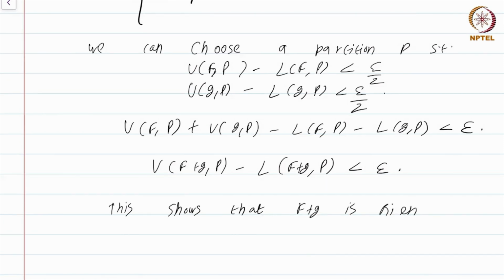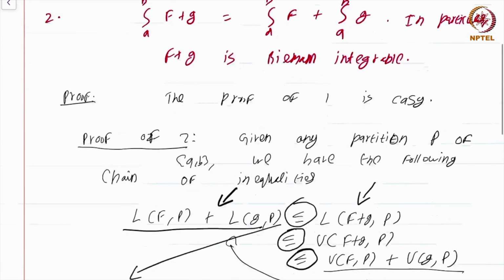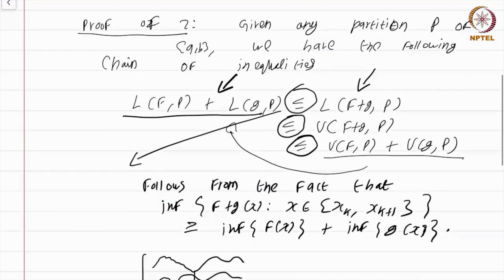That much is clear. Now what remains to be shown is that the integral of the sum is the sum of the integrals. Why does that follow? Well, let's think for a moment. We know that the integrals exist, therefore this integral value has to be the supremum of L(f+g,P) or the infimum of U(f+g,P) as you run through all partitions, right?